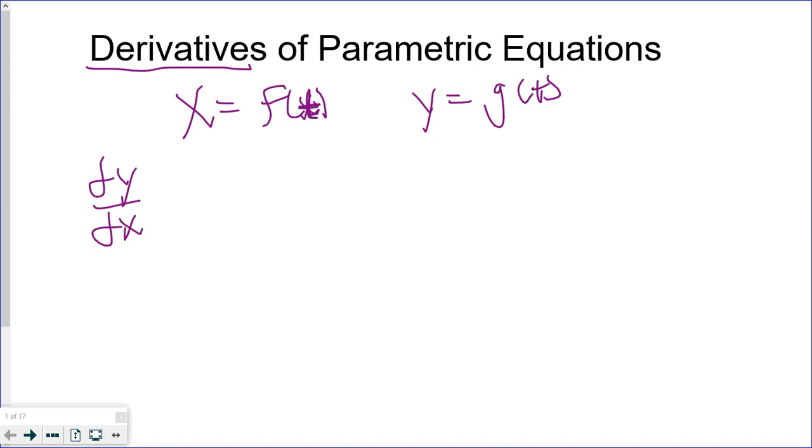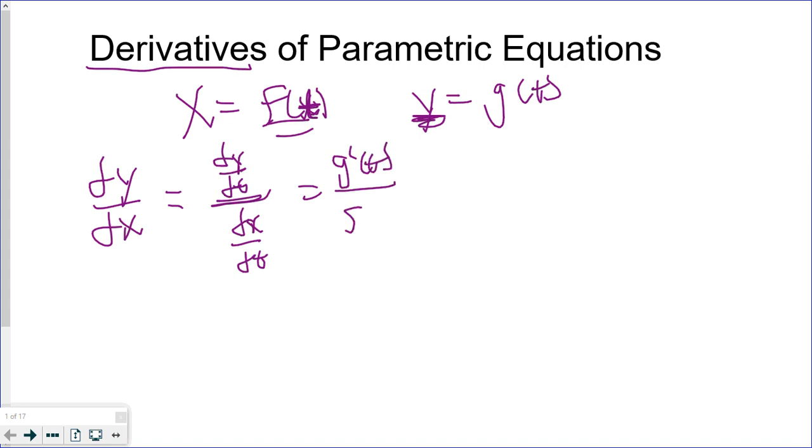So dy over dx in terms of a parametric equation is the derivative of my y equation on top, dy over dt, divided by the derivative of my x equation, dx over dt. If you want to use the same notation as above, you can call that g prime of t over f prime of t.